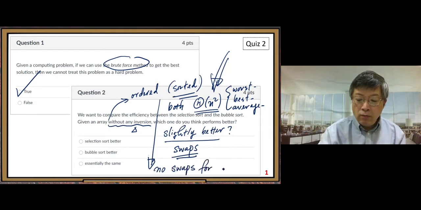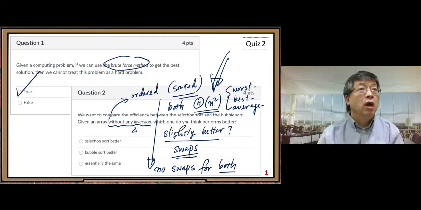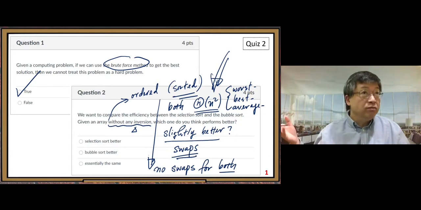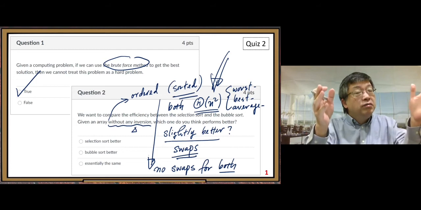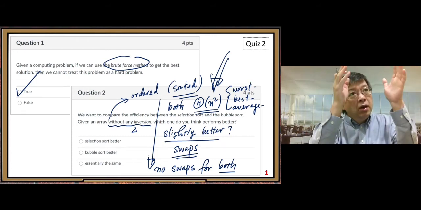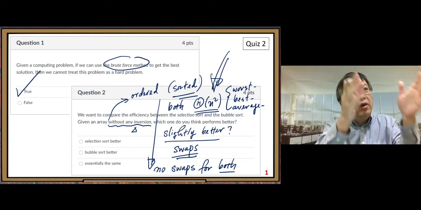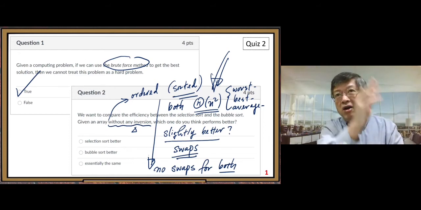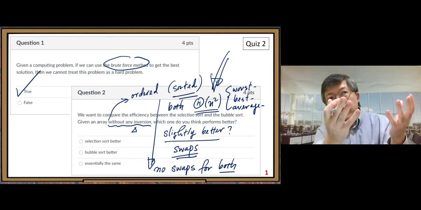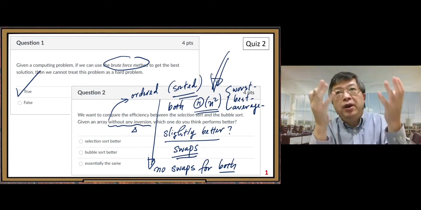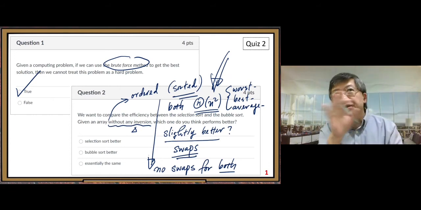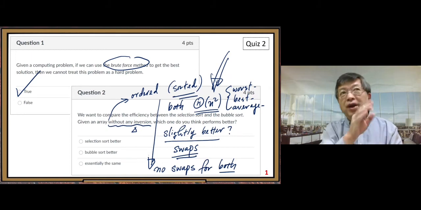Why do we need to do any swap if there is no inversion? A swap operation occurs only when an inversion is detected for these two algorithms. Only when.